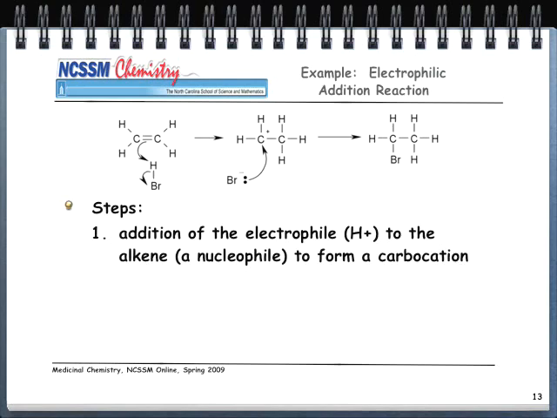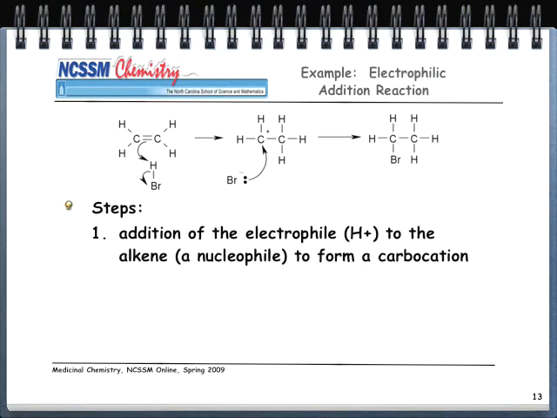So the bromine with its negative charge will now attack that positively charged carbon, and eventually we have the addition of the bromine to the carbon. So basically the steps are the addition of what's called an electrophile, the H+, to the alkene.